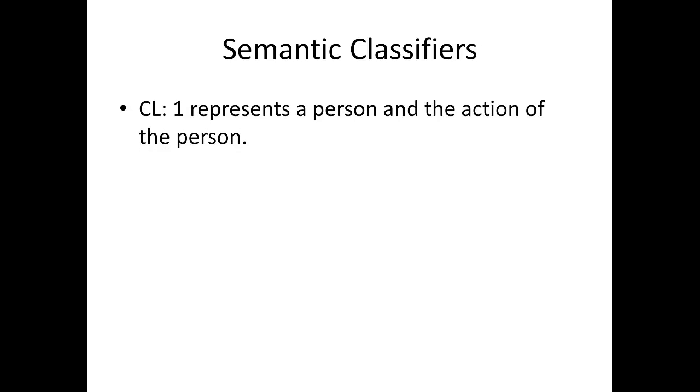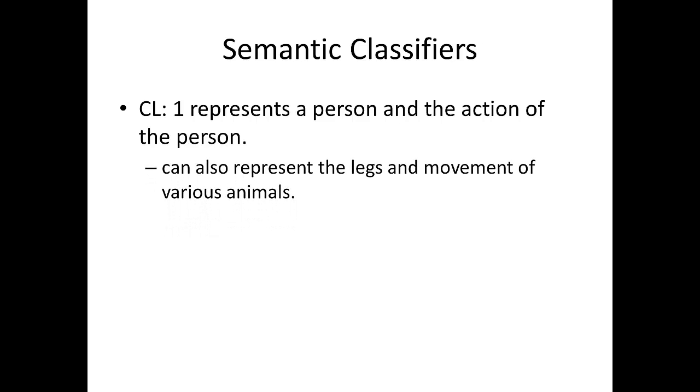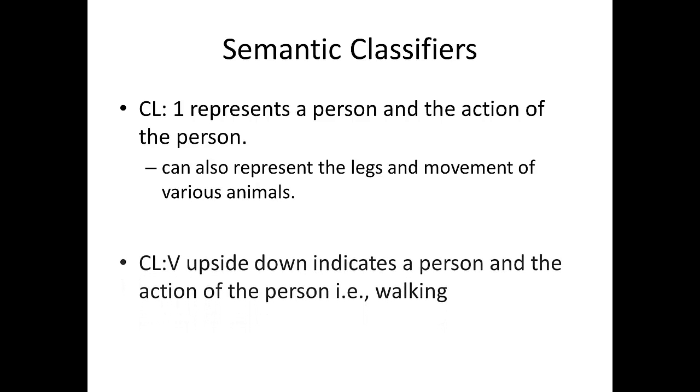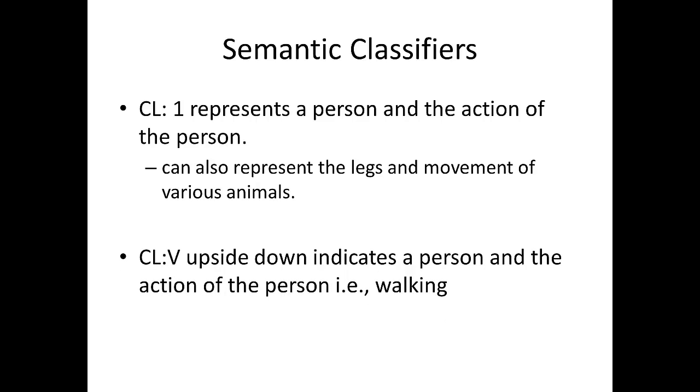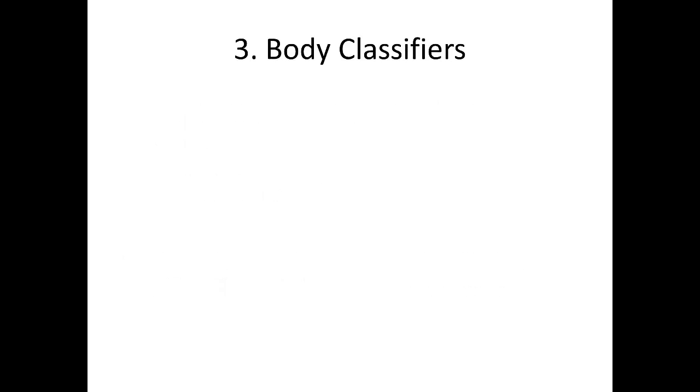Classifier 1 can represent a person and the action of that person. Classifier B can indicate a person, again, and the action of that person, for example, walking.